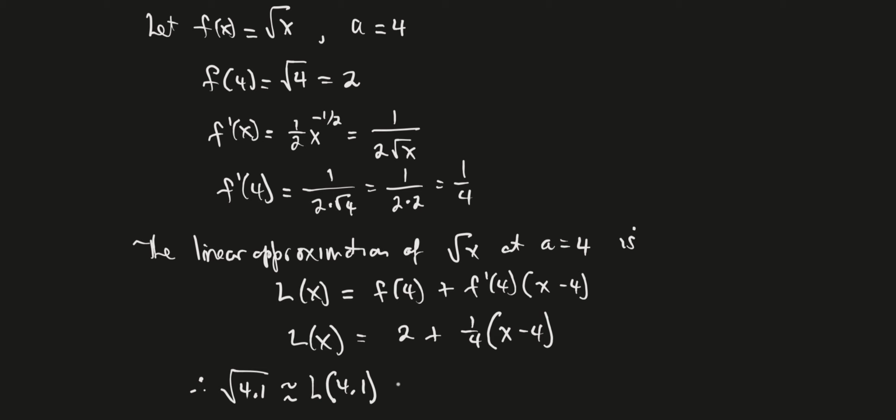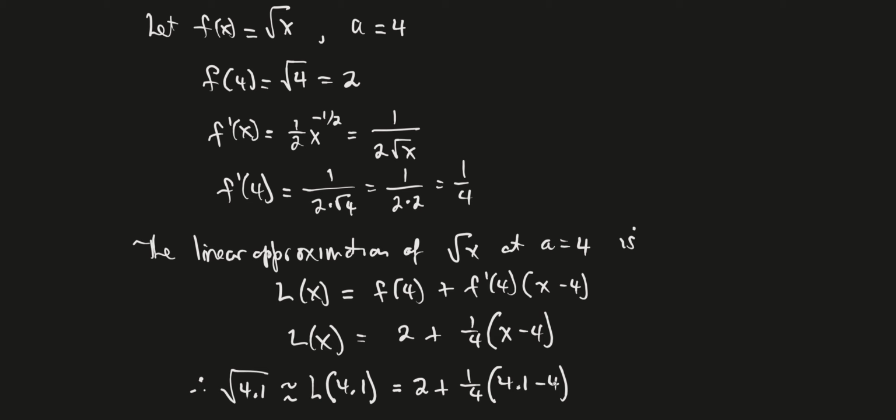So if I plug 4.1 into my linear function, you can see this is why I don't need a calculator. Again, remember, we're living in a world void of calculators, but these are arithmetic operations that I can compute without using a calculator. So I'll have 2 plus 1/4 times the quantity 4.1 minus 4.